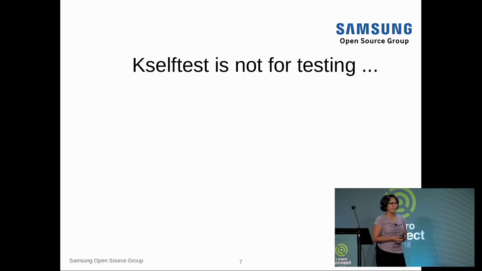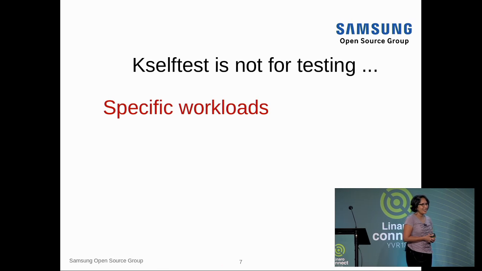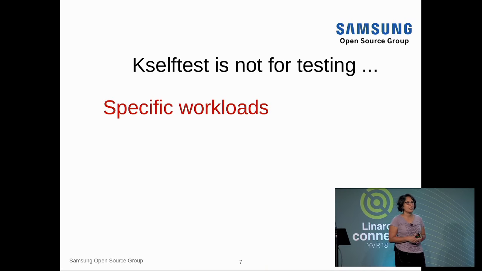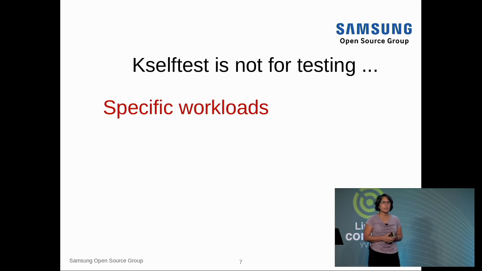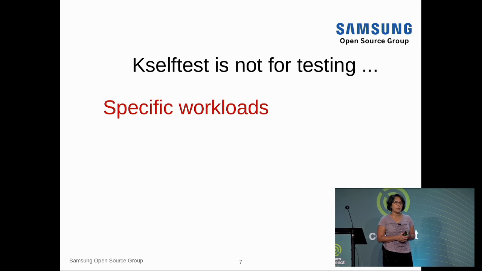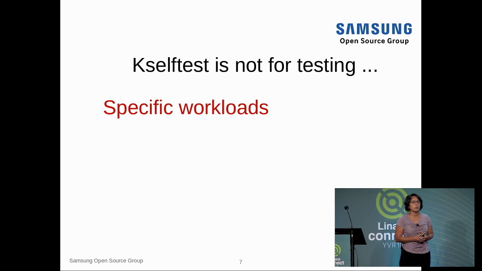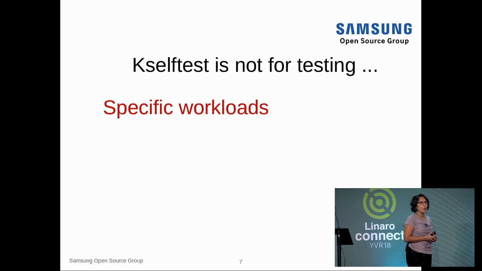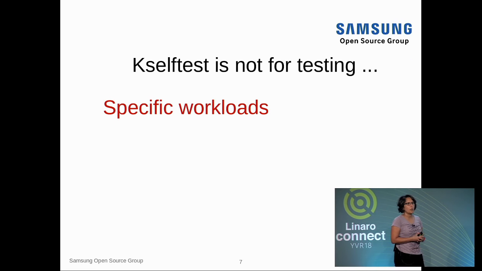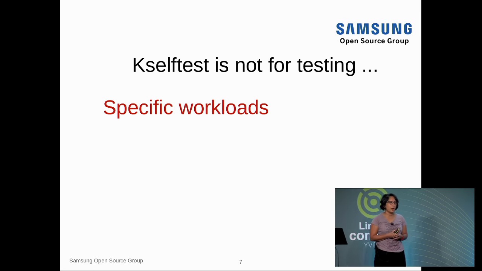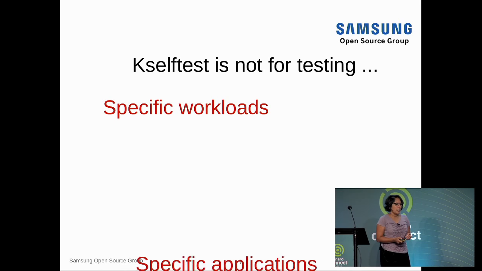And what it's not for. It's not for testing specific workloads. Maybe cgroup might be a little bit of an exception, if you configure it right, potentially, but in general, they are not for testing, say, how an I/O heavy bandwidth or a CPU heavy workload runs.